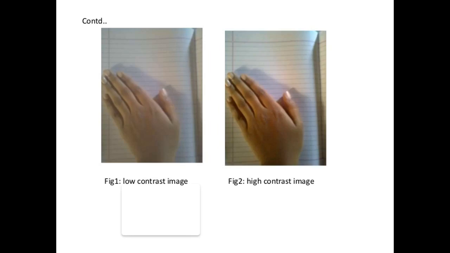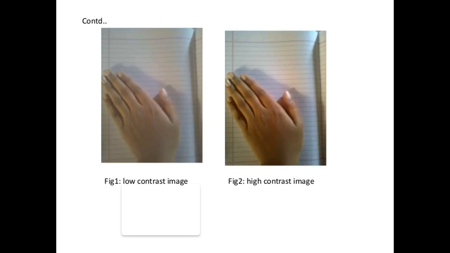The second case is when r1 is equal to r2, s1 is equal to 0 and s2 is equal to L minus 1. In that case, this function will act as thresholding. On the x axis we are taking the input pixel level, and the y axis is the output pixels. If we make r1 equal to r2, we will get a straight line.